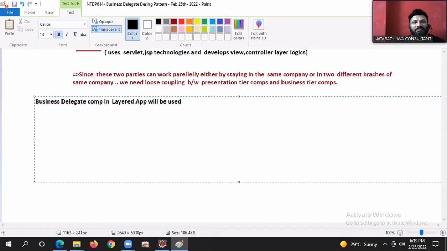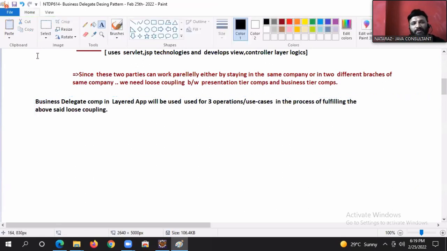Okay, guys, business delegate component in layered application will be used for three operations or use cases in the process of fulfilling the above said loose coupling, guys. Enjoyed my point, guys?